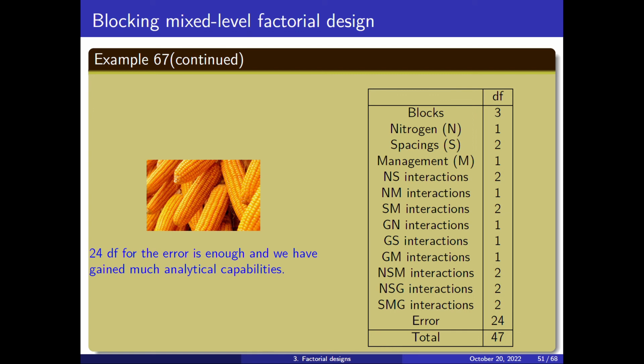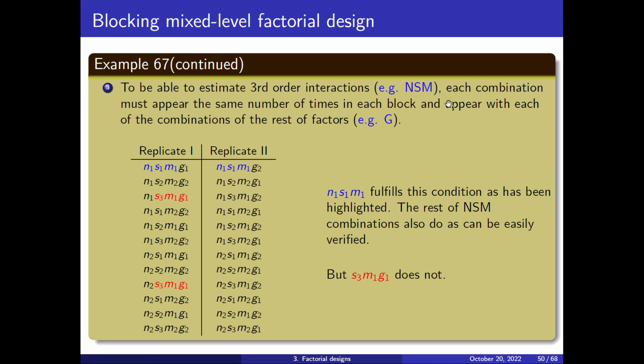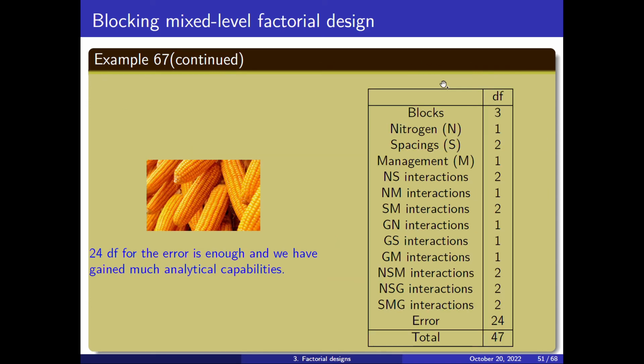So we will have presumably quite a high power in each one of the main effects and second order interactions. And the third order interaction NSM will be able to be estimated without any confusion, but the other two will be confounded with the blocks.